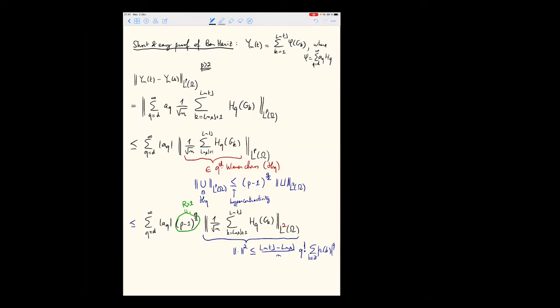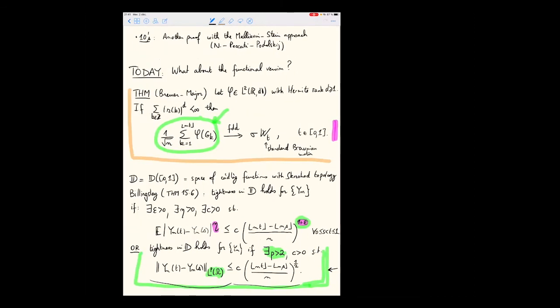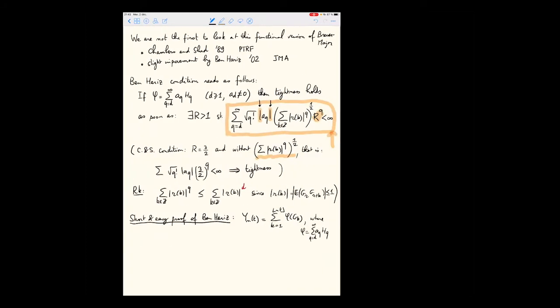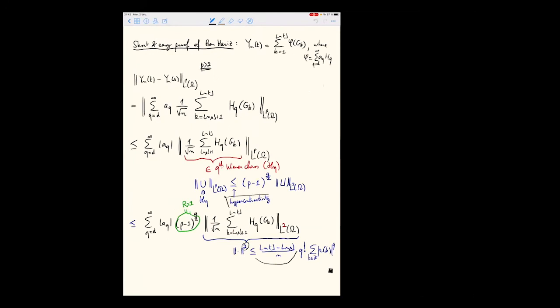And then if you look at what I just proved, it is exactly the Ben Harris condition, because there is a square, so you get the square root. This is exactly the square root we have here. And in the constant you get exactly these quantities. So if this quantity is finite, you get the tightness, right? So the proof you see is very simple if you use this hypercontractivity argument.